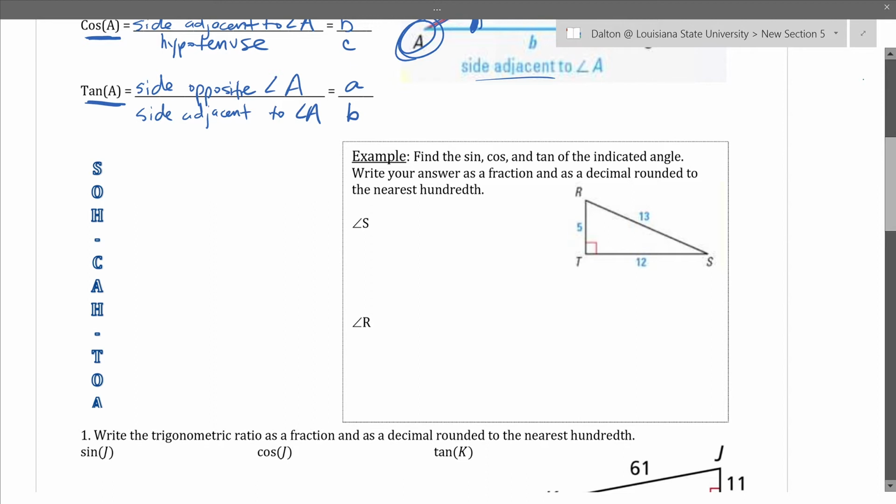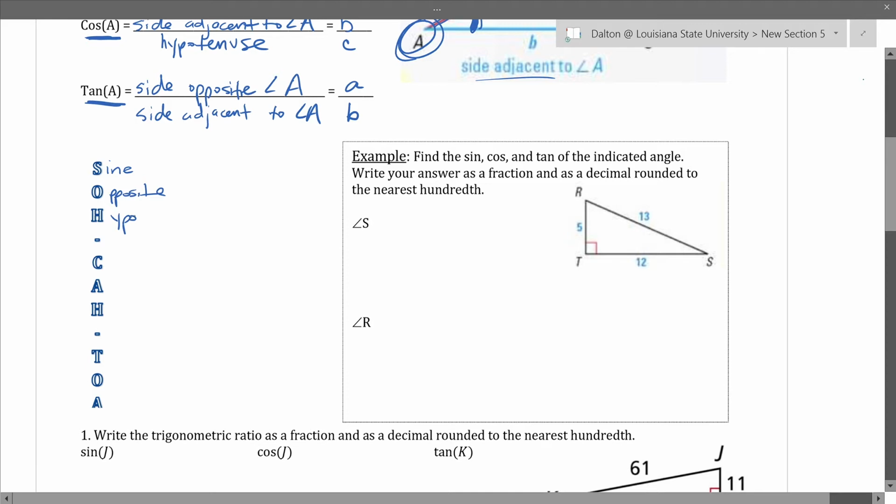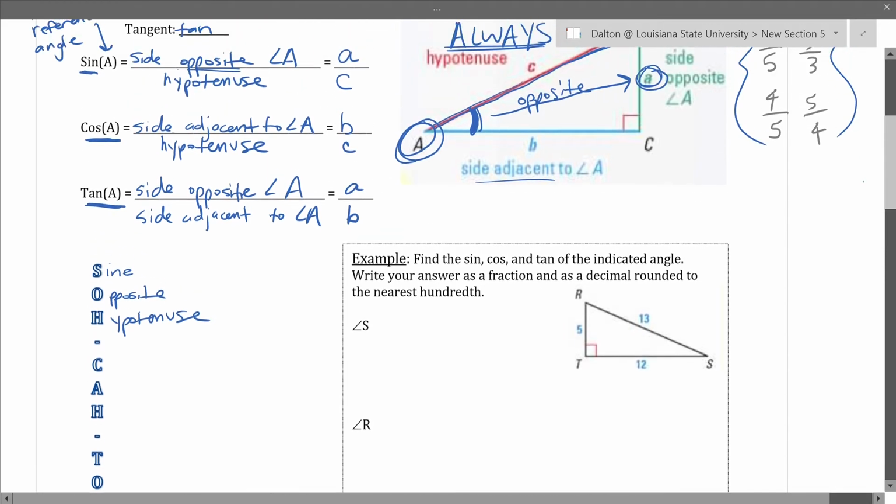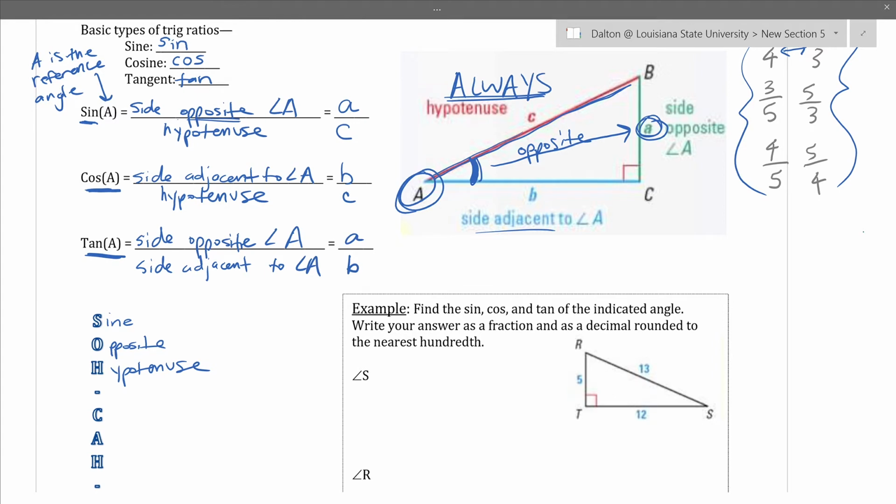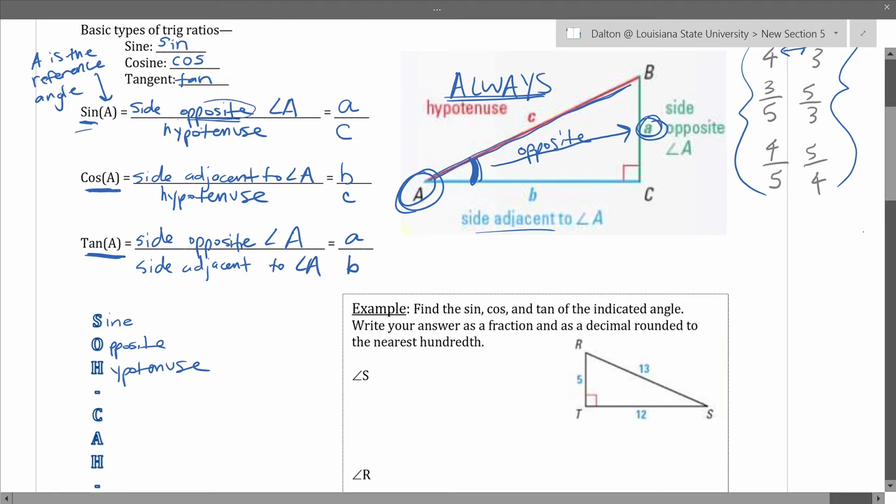You may have heard that mentioned before. It stands for the order of everything. So the first one, SOH, stands for sine, opposite, hypotenuse. And what it does is this tells you the order that the fraction should be in. Sine is opposite over hypotenuse.